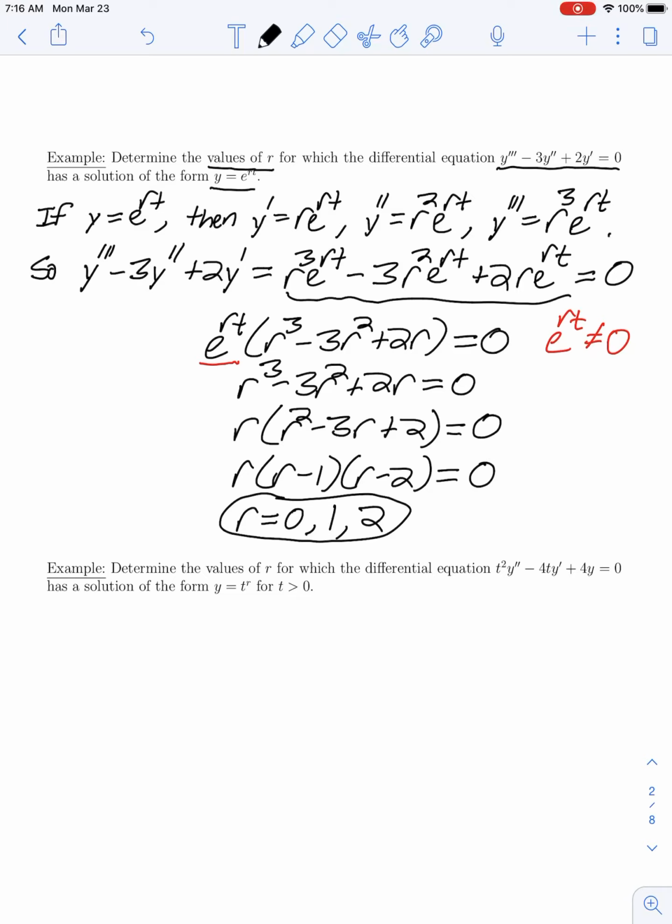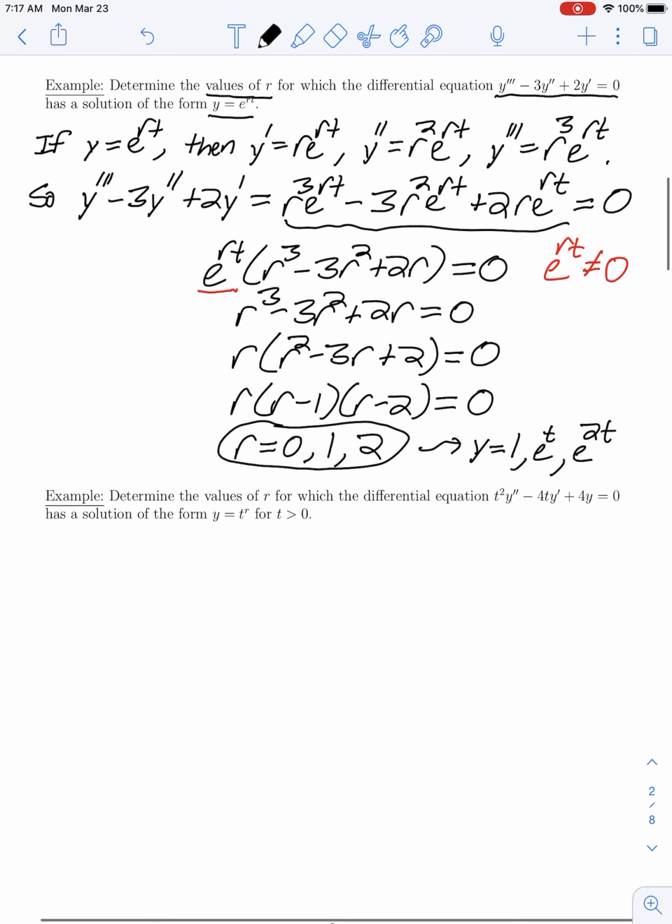So by plugging these values of r into the general form of our solution, y equals e to the rt, if r is 0, we have e to the 0, which would be 1. We could have e to the 1 times t, or e to the 2 times t, and these would all be solutions of that differential equation. So we're seeing that a given differential equation might have more than one solution.